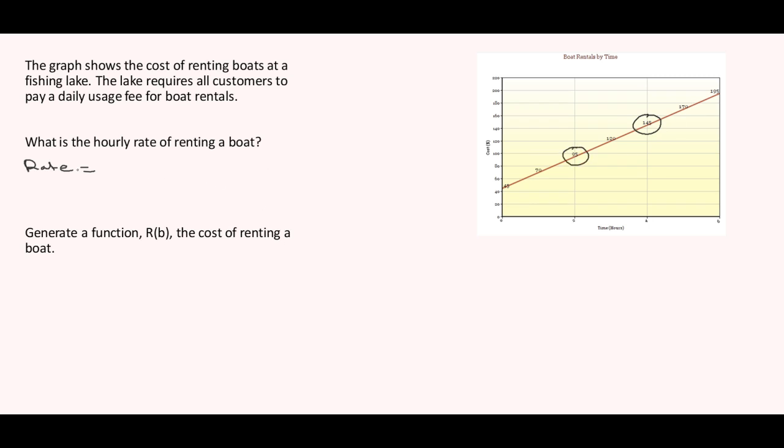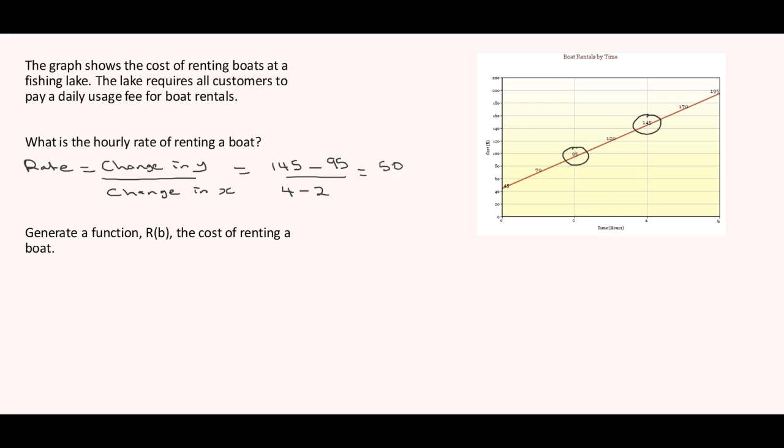Okay, so the rate of change is the change in Y divided by the change in X. So our change in Y is 145 minus 95 divided by change in X is 4 minus 2.